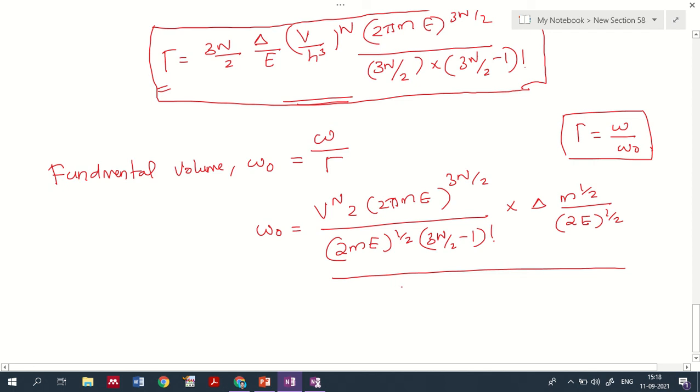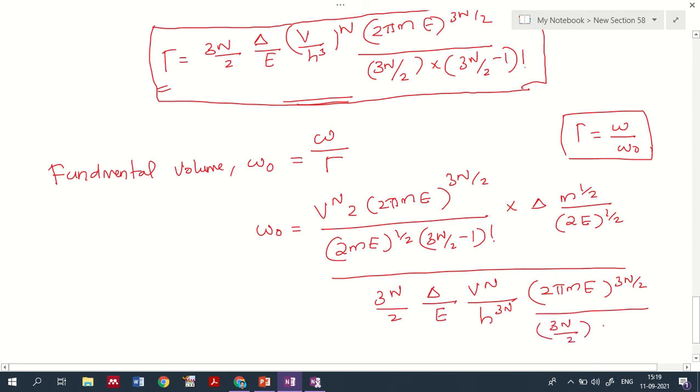What is the gamma value? Gamma value is 3n by 2 delta by e, v raised to n by h raised to 3n, 2 pi me raised to 3n by 2, divided by 3n by 2 into 3n by 2 minus 1 factorial.